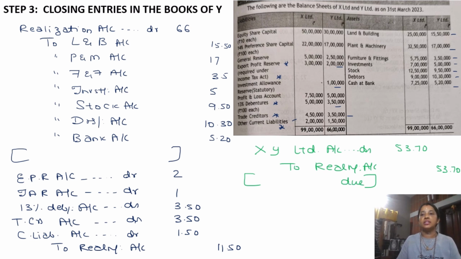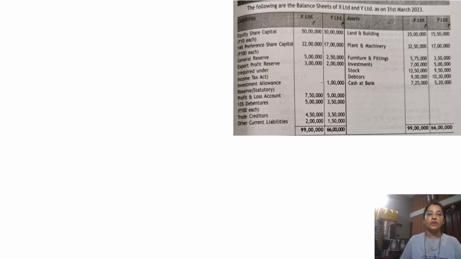Once you pass an entry for purchase consideration due, the next entry will be for purchase consideration received. Purchase consideration received in the form of equity shares and in the form of preference shares. Now the next entry will be purchase consideration received in the form of equity shares in XY Limited debit. How many equity shares they've given for Y? 35 lakhs.